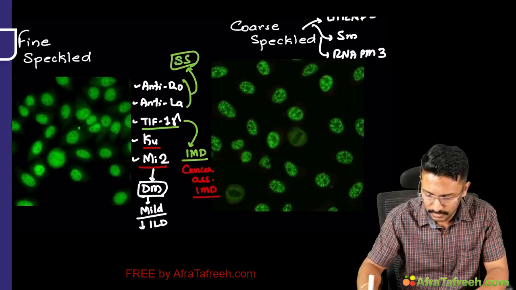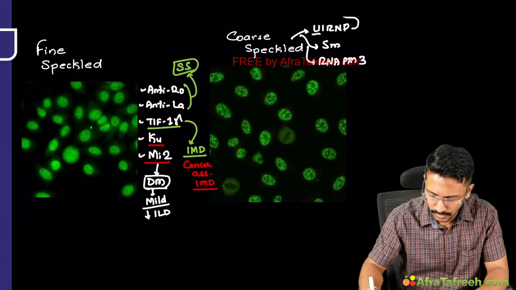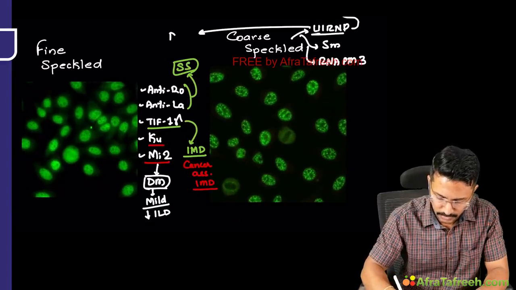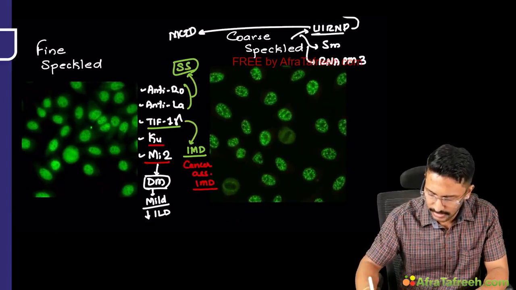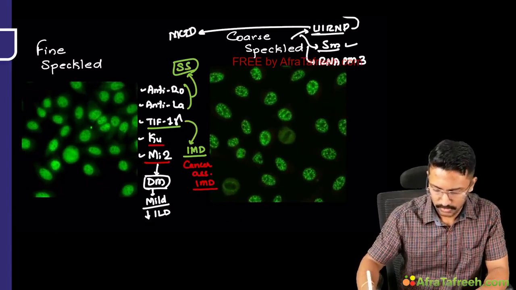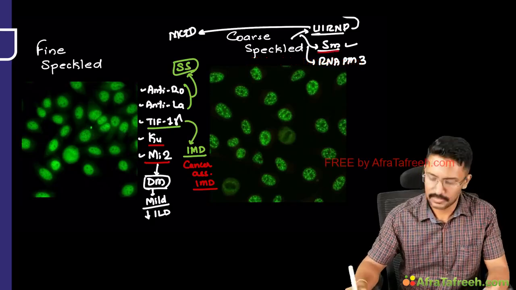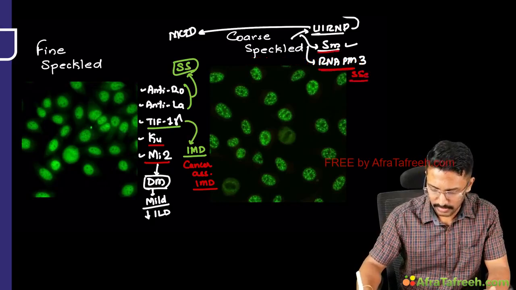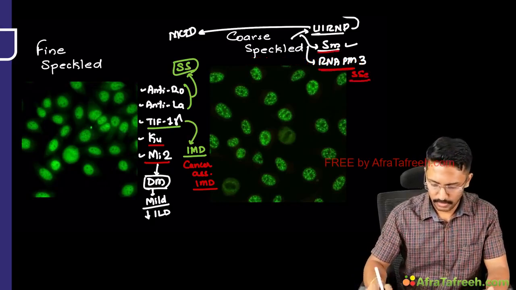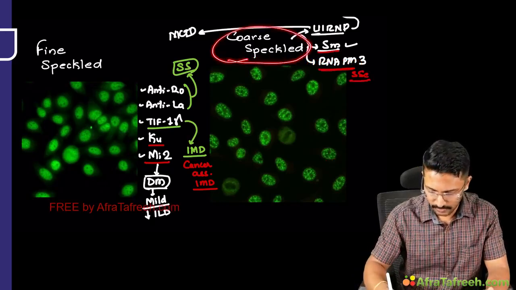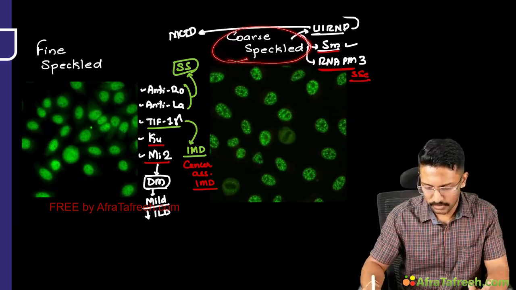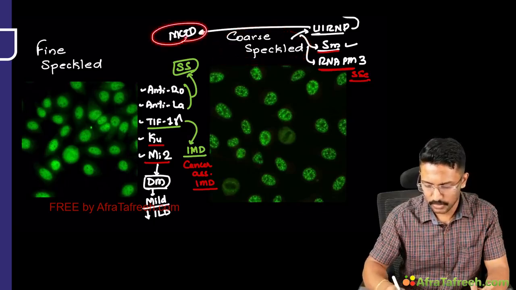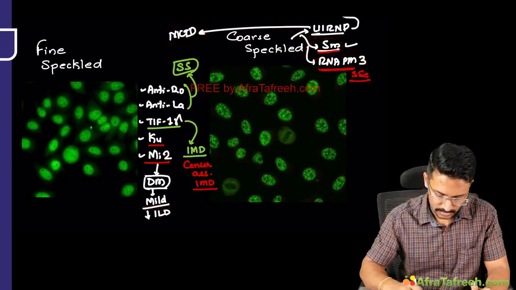We see that in patients with mixed connective tissue disorder. Anti-Smith, like we all know, is the most specific antibody for SLE, and anti-RNA polymerase 3 we see in systemic sclerosis patients, right? So whenever I see a coarse speckled pattern, I start thinking of the possibility of mixed connective tissue disorder or SLE or systemic sclerosis.